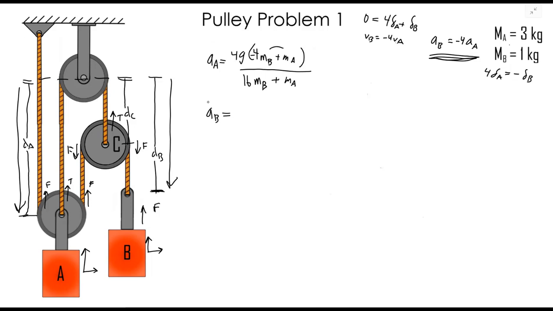They just switch around, and we have that 4 out in front. So it's going to be 4G times MA minus 4MB, over 16MB plus MA, because the denominator did not get messed with at all.